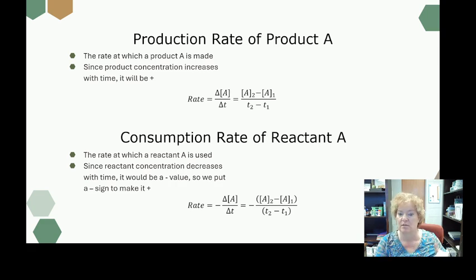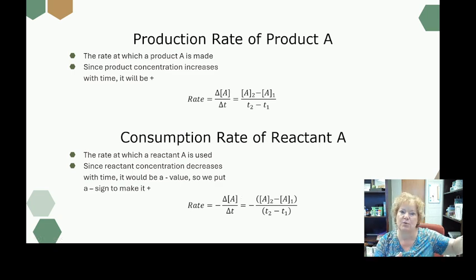How much got produced? A consumption rate is what I would refer to for something that's a reactant. So if I have a reactant A and it's being consumed, again, it would be a negative number if I don't account for it, but I want the rate to be positive. So I'm going to put a negative sign in front, and then I'm going to do the change in A over time.